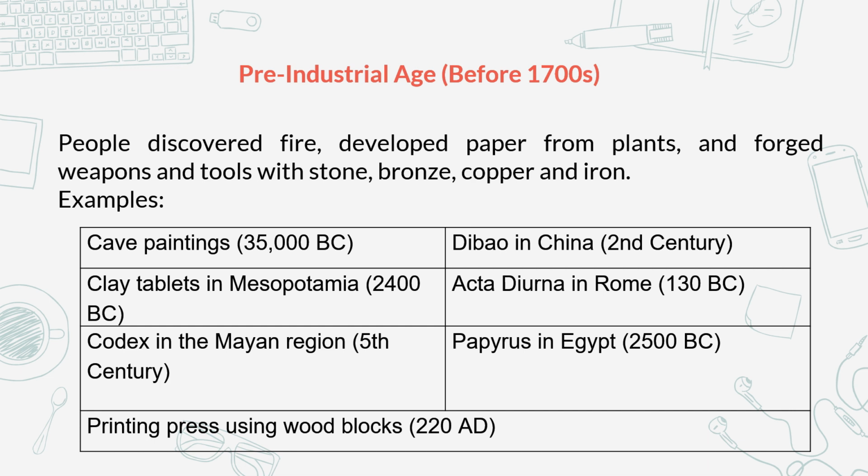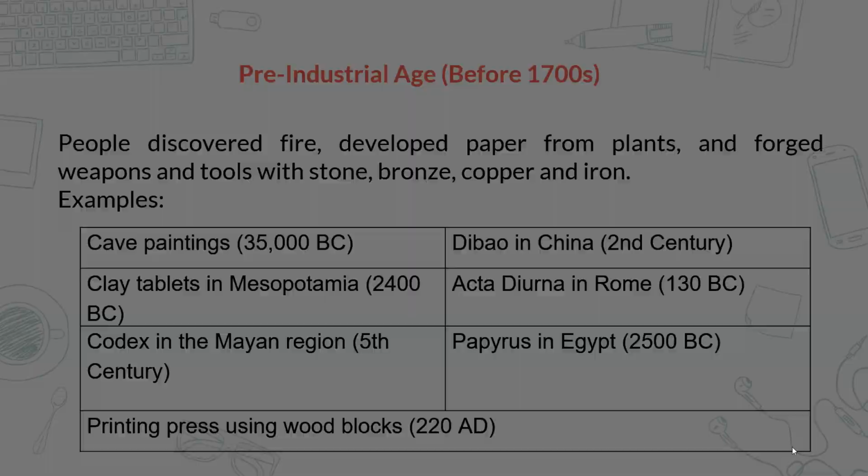People discover fire, develop paper from plants, and forge weapons and tools with stone, bronze, copper, and iron. Mga example dito, we have cave paintings, clay tablets, clay codex, printing press using wood blocks, and more.